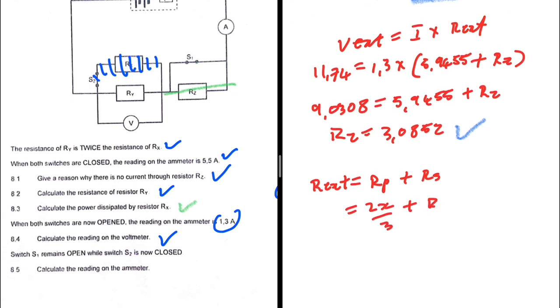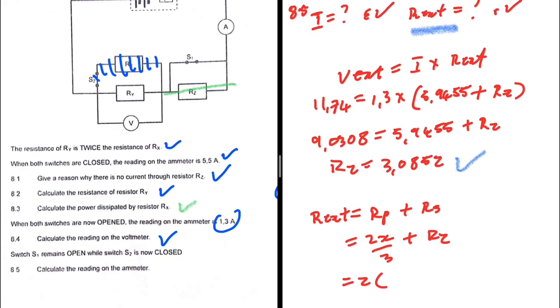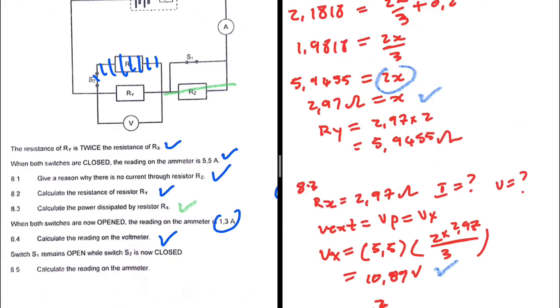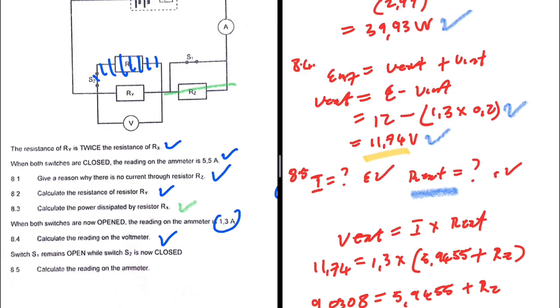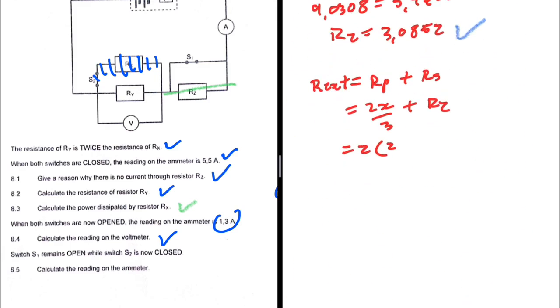RS is Rz. We know that X is, let's check, X is 2.97. So here we have 2 multiplied by 2.97 divided by 3 plus Rz. Rz is 3.0852. So R external, let me substitute that: 2 multiplied by 2.97 divided by 3 plus 3.0852.